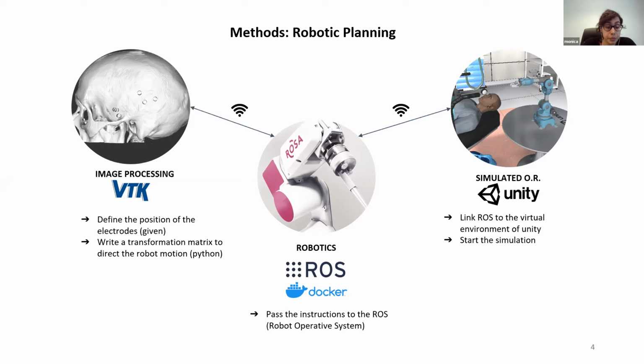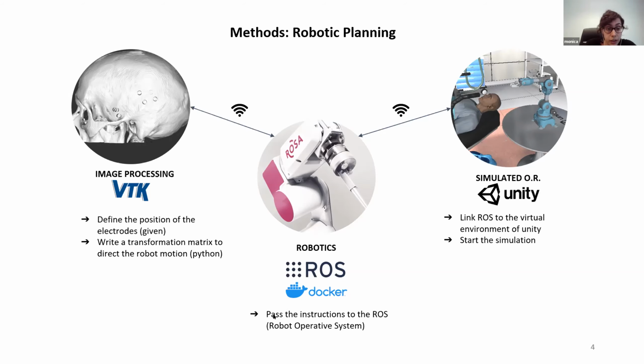Then also the images, the data are needed, so to be able to import these images and the position of the reference for where to put the electrodes, and this has been done through a Python script using some libraries such as VPHi, and also a communication has to be established between the script, the code, and the ROS, so we can control the robot in this way.